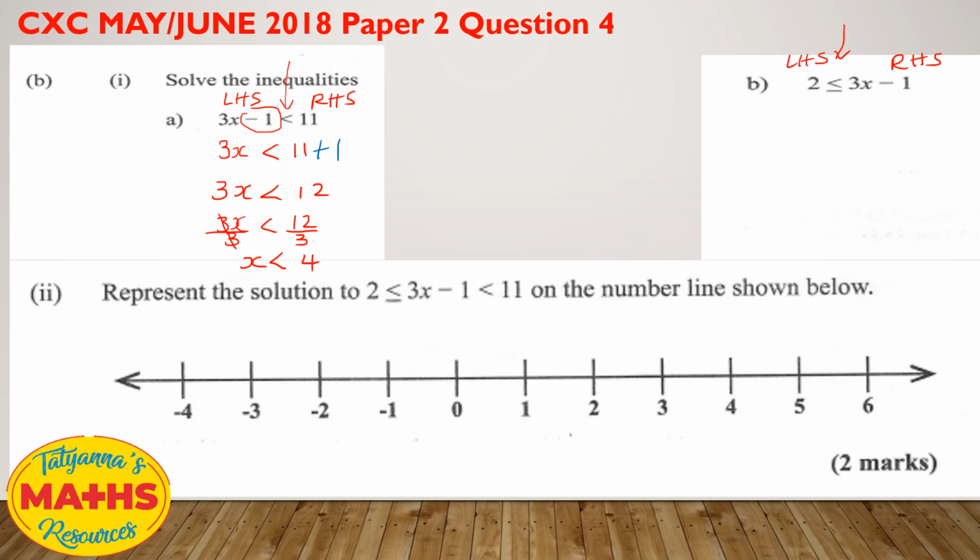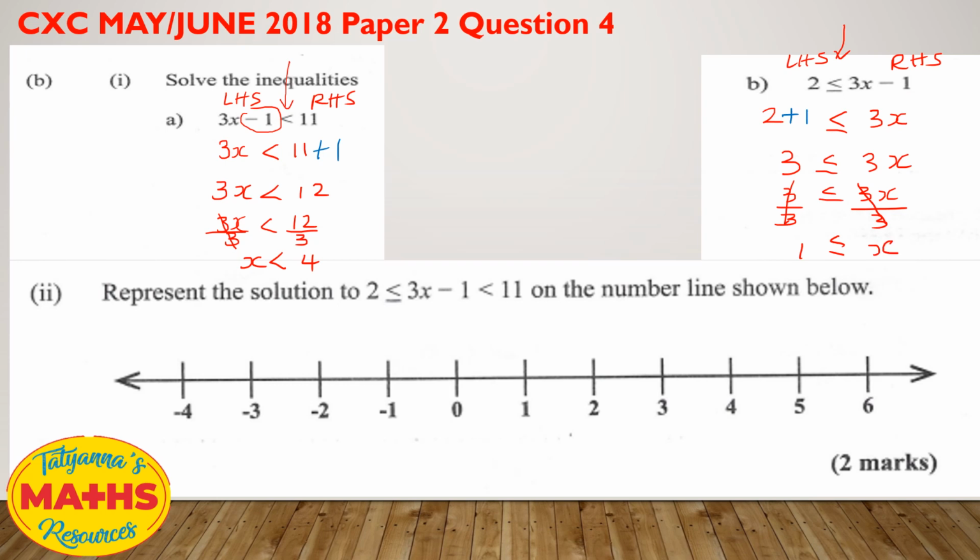So I'm going to keep 2 here, but I'm going to move this minus 1, it becomes a plus 1, less than or equal to 3x. So 2 plus 1 is 3, less than or equal to 3x. Again, we're going to divide both sides by the coefficient of our x term, which is 3 again. We cancel, and we get 1 less than or equal to x.